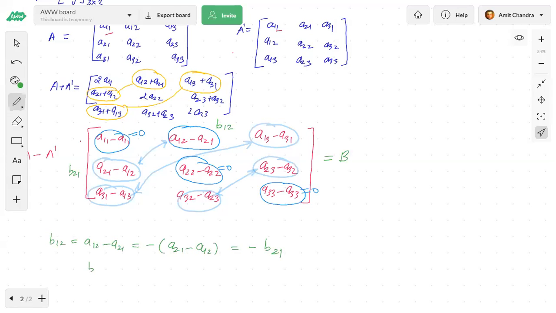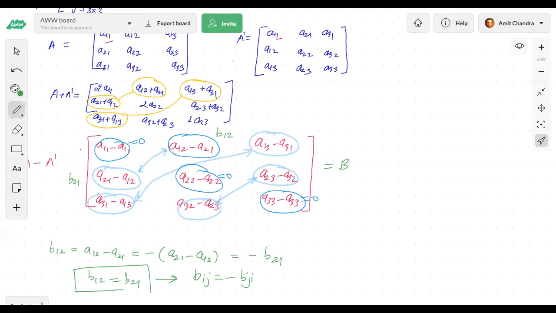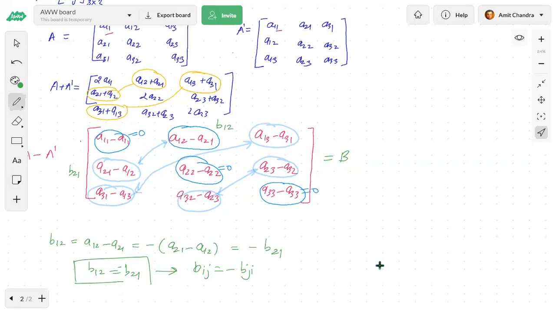So B12 is equal to minus B21, and generally we can write Bij is equal to minus of Bji. Hence it is a skew symmetric matrix. Understood? Did everybody understand? B12 is equal to minus of B21. Okay, fine, very good.